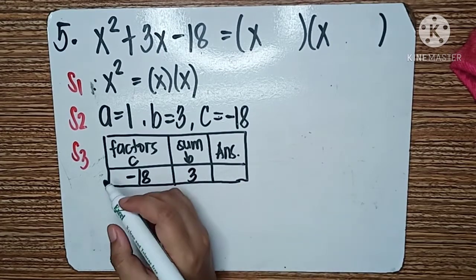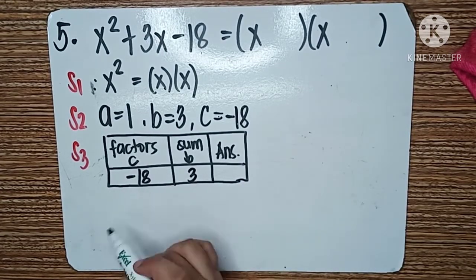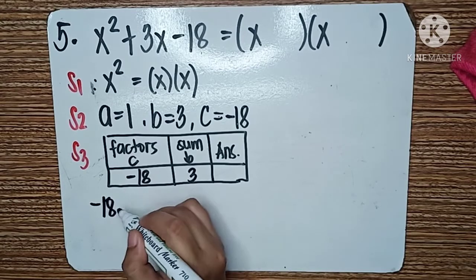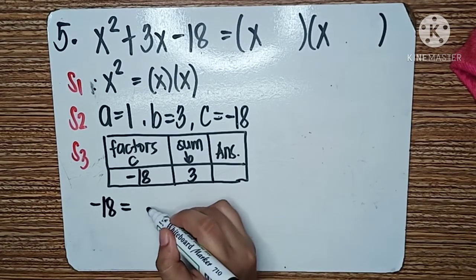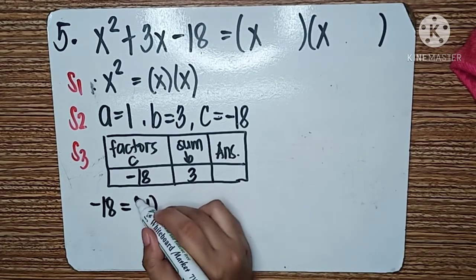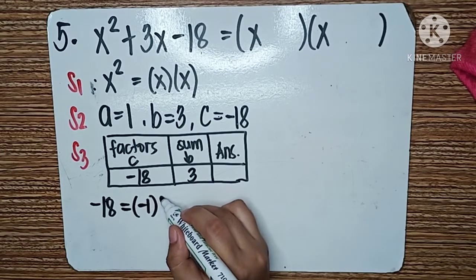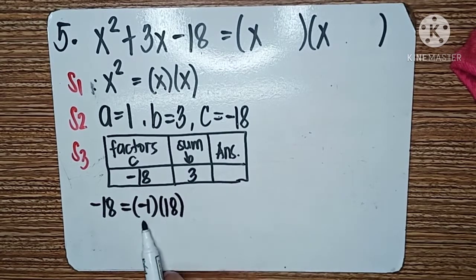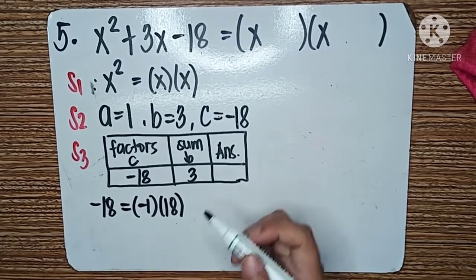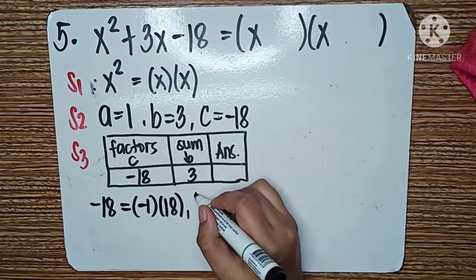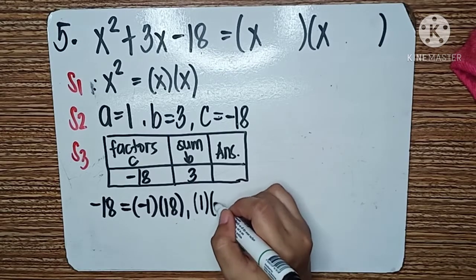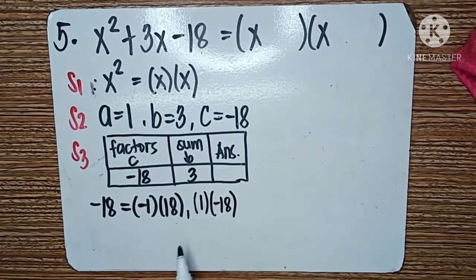So we'll write down the factors of negative 18. So pwede dito ang negative 1 and 18. Magkaiba ng sign para ang makuha nating product ay negative 18. Therefore, pwede rin ang 1 and negative 18. Binaligtad ko lang, di ba?